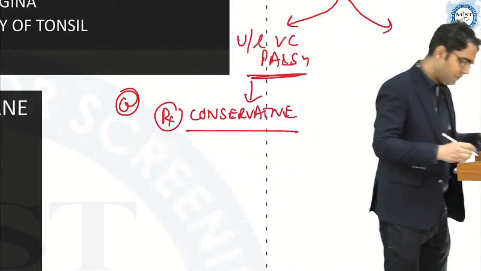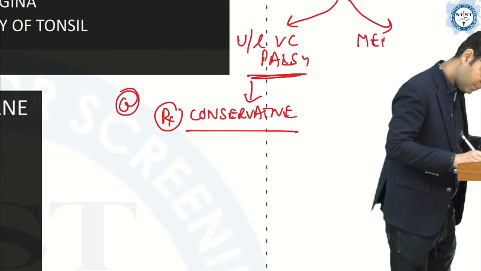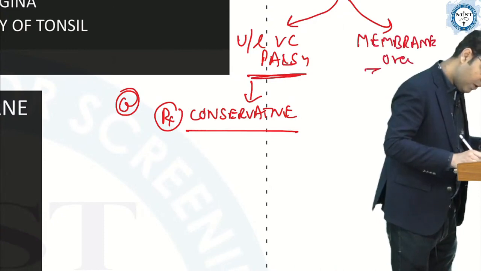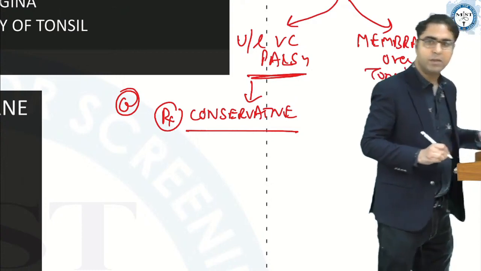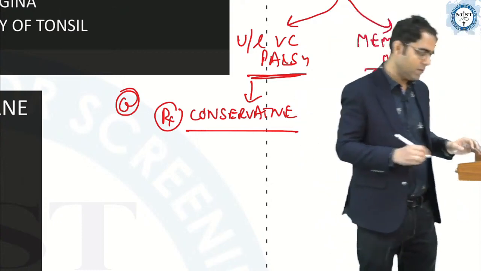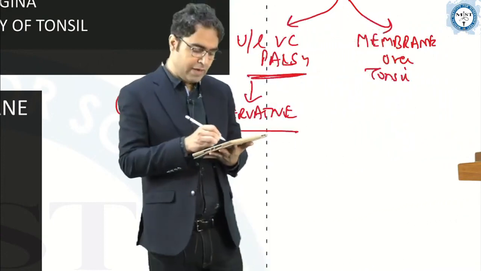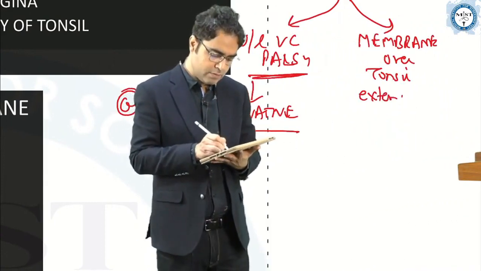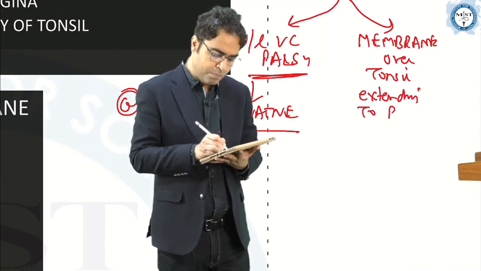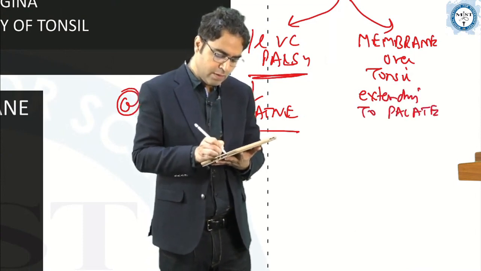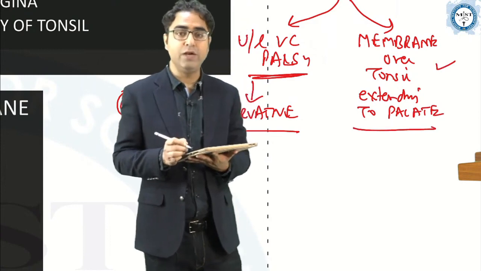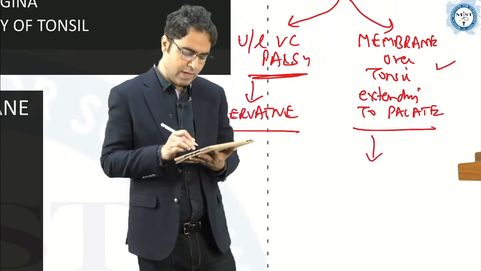The second one is membrane over tonsil extending to palate, beta. This is the biggest clue. Put an arrow.